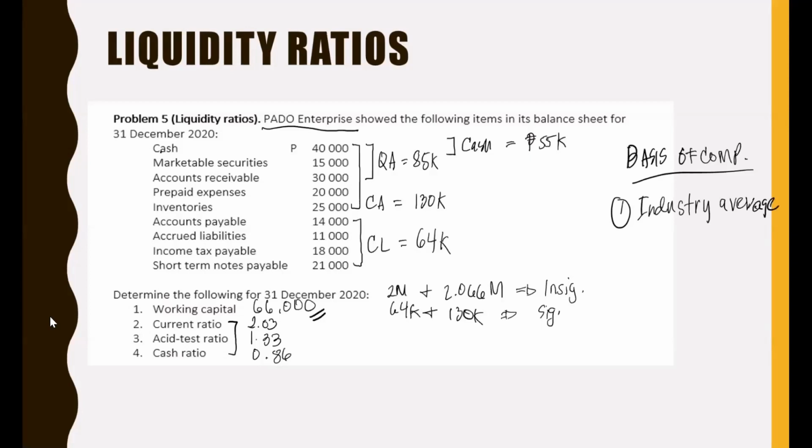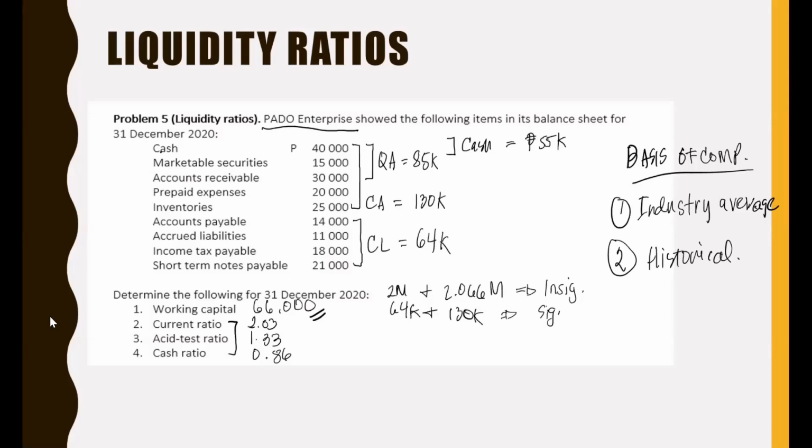So let's say in the food industry, they have a current ratio of 4, for example. Okay, basically, comparing it with the industry average, the enterprise is not that liquid. Okay? Or, we can compare it with past or historical information. So, we can analyze whether the company is improving in terms of its liquidity.